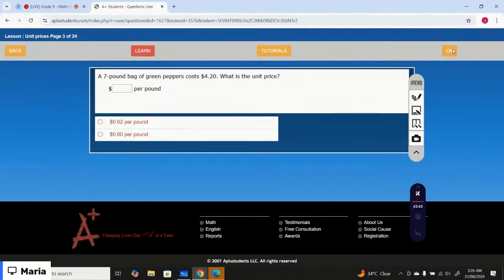The correct option is that 0.60 per pound. Option number 2 is the correct option, right?